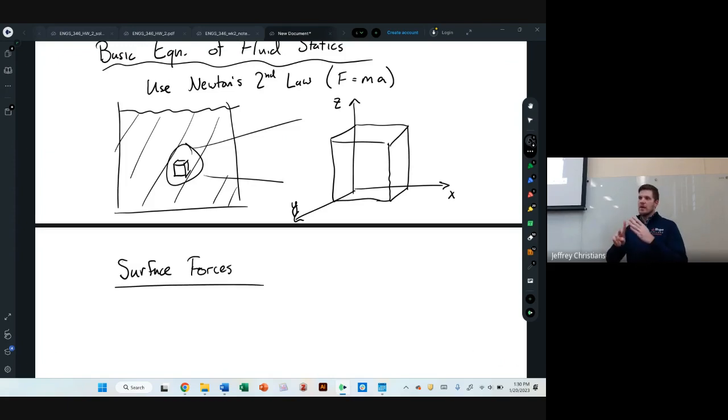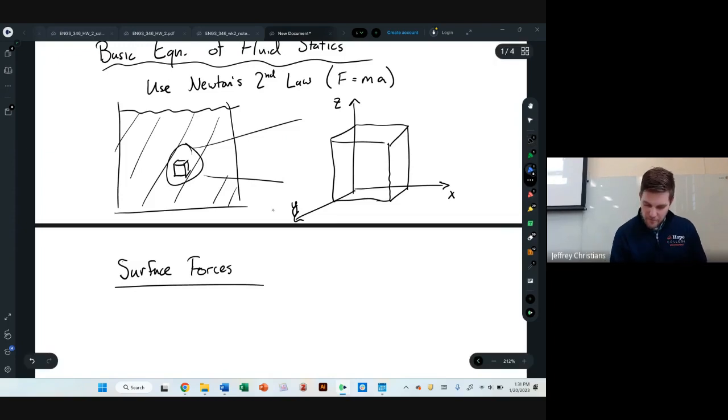Surface forces, we just talked about one kind of surface force that was shear. We don't have shear. So the other kind of surface force, normal forces, which in this case are due to pressure. So how are we going to picture pressure exerting forces on this little chunk?